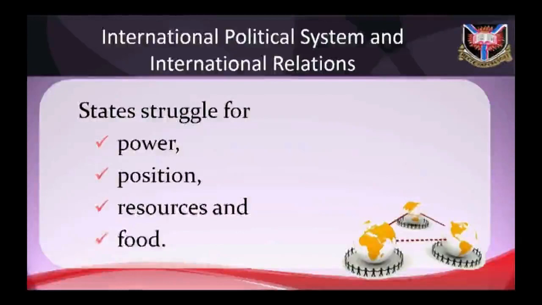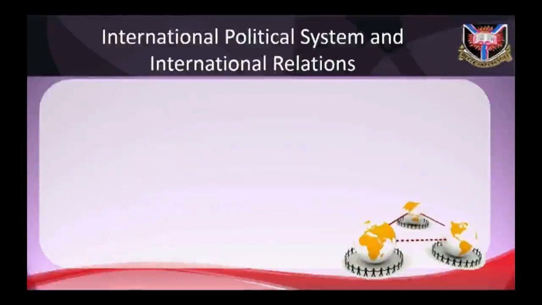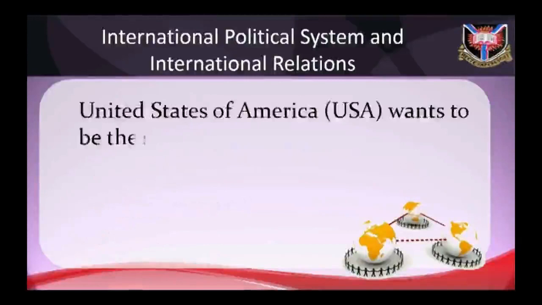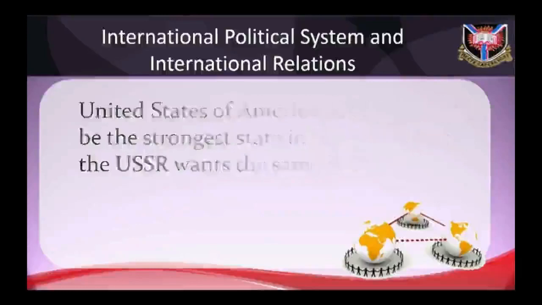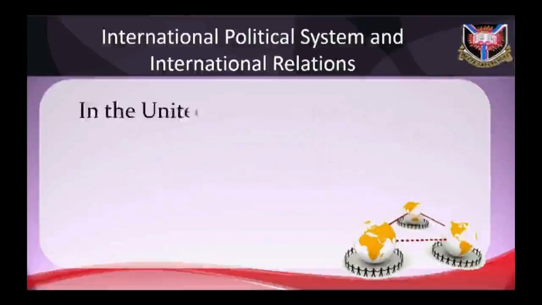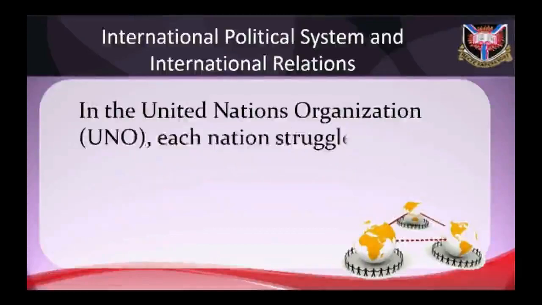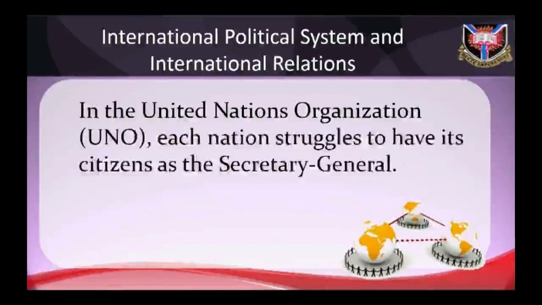A practical example is where the United States of America, USA, wants to be the strongest state in the world, just as the USSR wants the same thing. In the United Nations Organization, UNO, each nation struggles to have its citizens as the Secretary General.